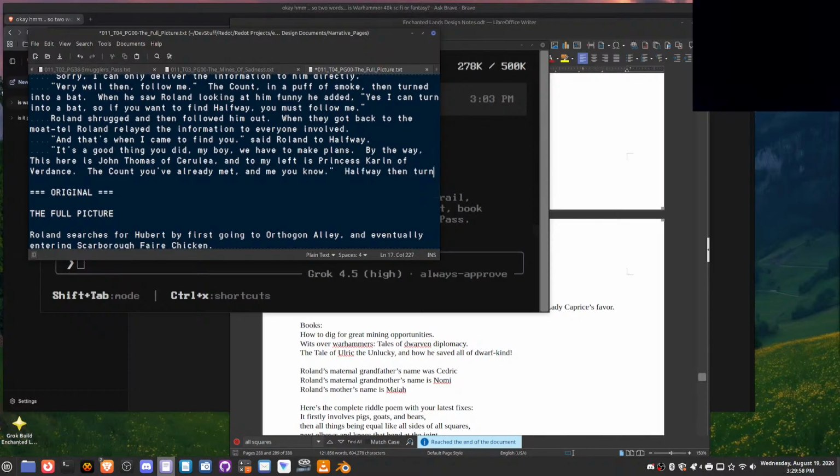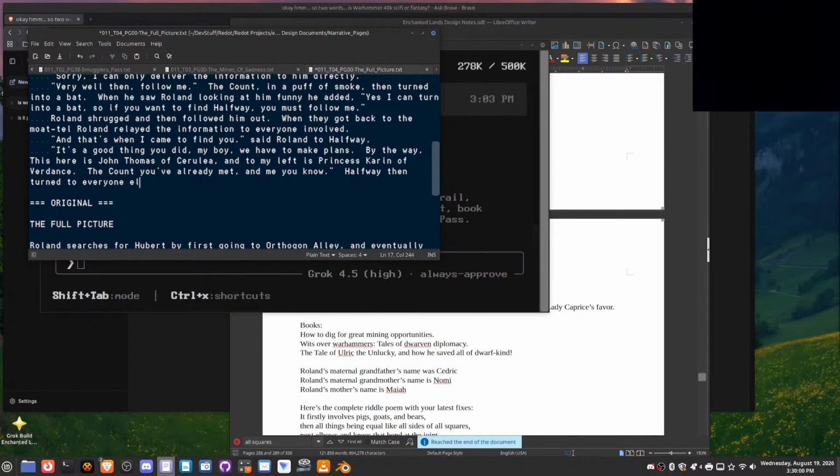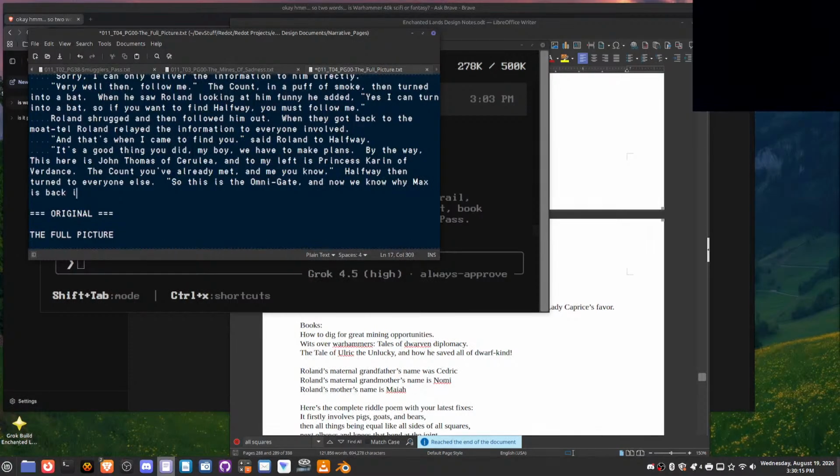Halfway then turned to everyone else. So this is the only gate. And now we know why Max is back.